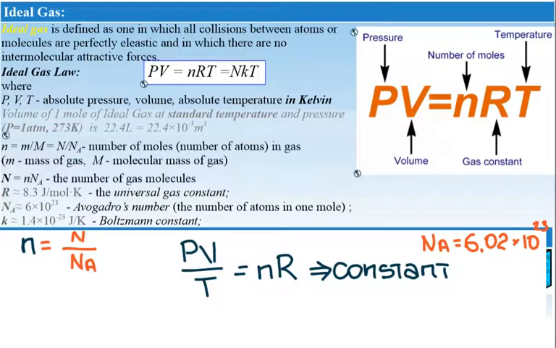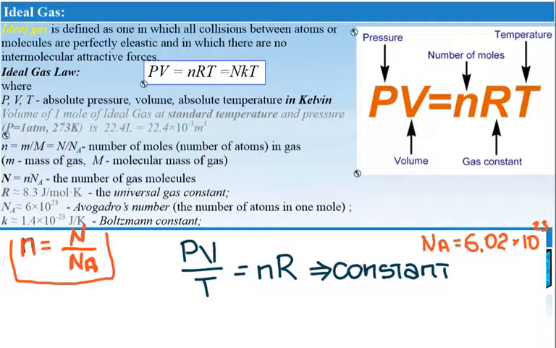So that is what Avogadro's number is, atoms in 1 mole. To find how many moles you have, take how many particles you actually have, divide by how many particles are in one mole, and that will give you how many moles of gas you have.